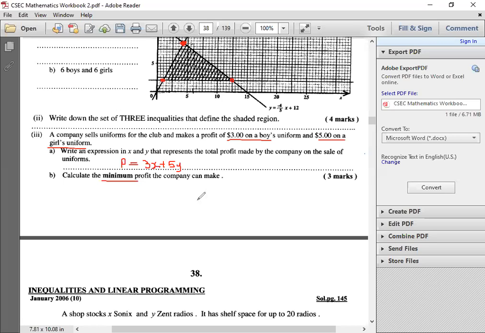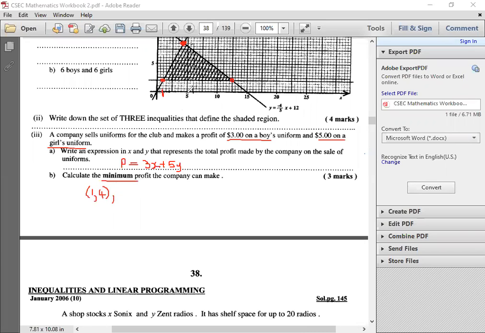What are the coordinates? I think I see 1, 4. So where is 1, 4?